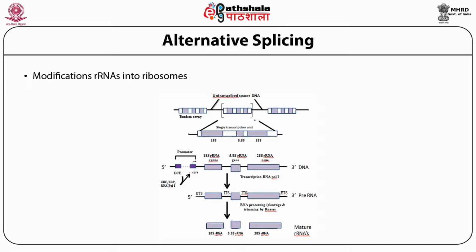Also, a TATA box binding protein or TBP is required for the initiation complex to transcribe the whole transcription unit. Precursor rRNAs undergo cleavage and trimming by RNases to yield mature rRNA. Small nucleolar RNAs are involved in the cleavage, modification, and assembly of the processed rRNAs into mature ribosomes.